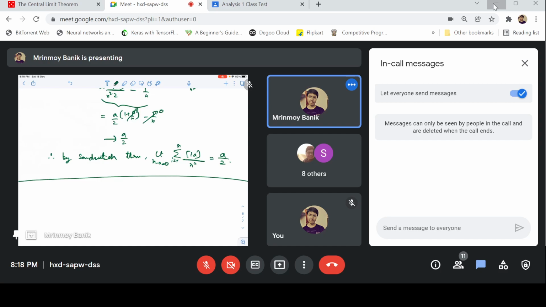Now we have to show all three definitions are equivalent. We can show it now: equivalence of definitions 1, 2, 3 of continuity.